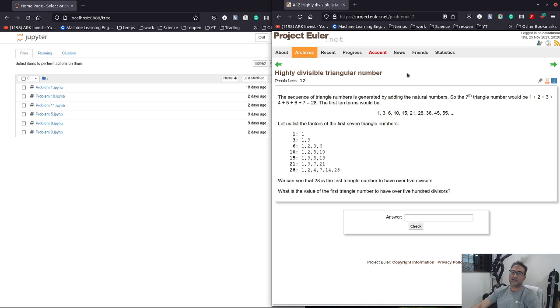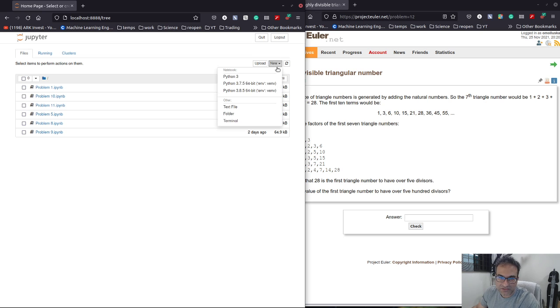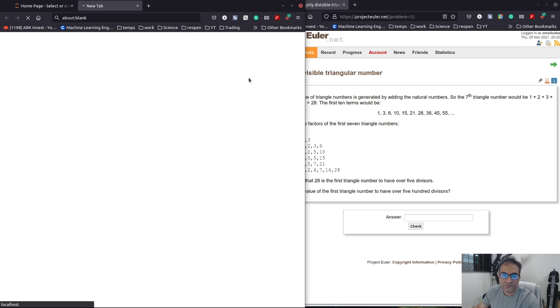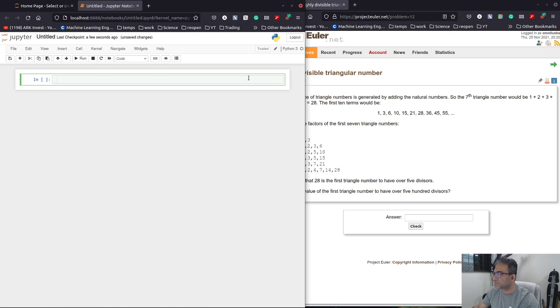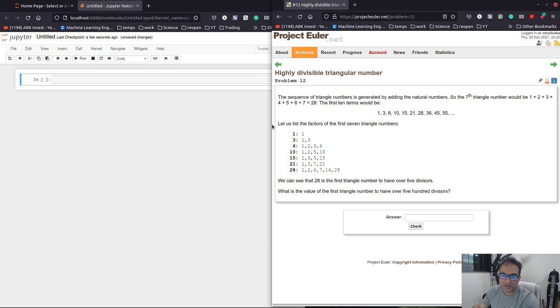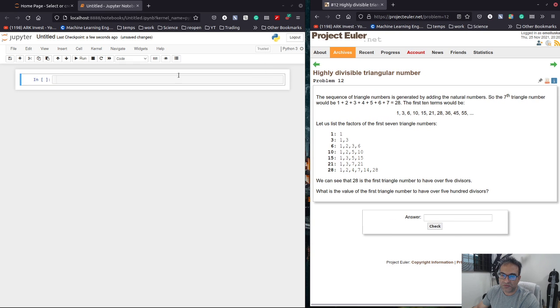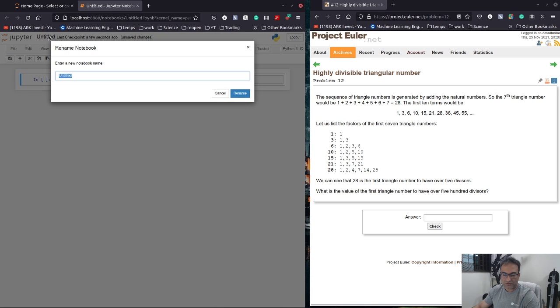Highly divisible triangular number. So let's create a new Jupyter notebook in Python 3 and let's start. So what is this problem? We will call this problem 12.